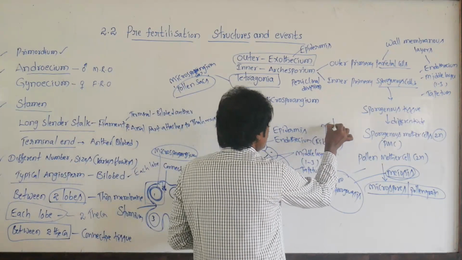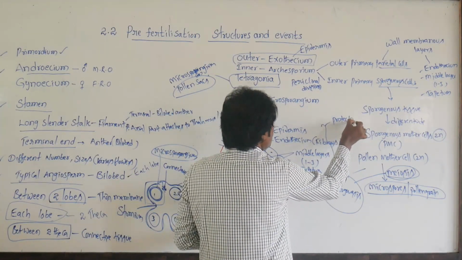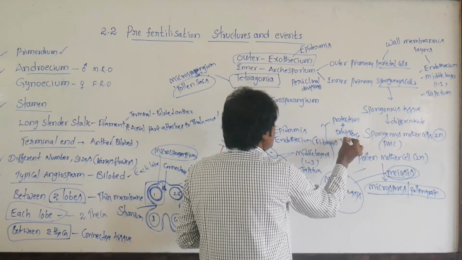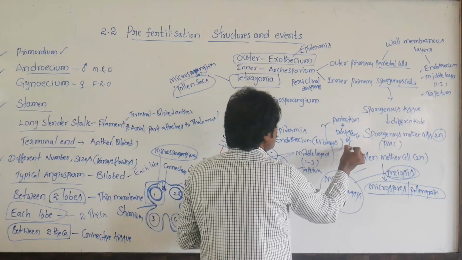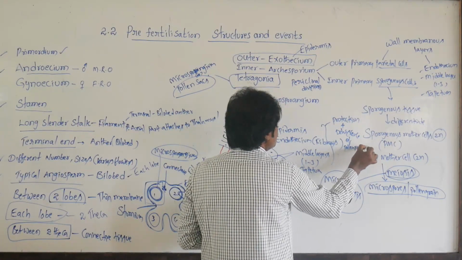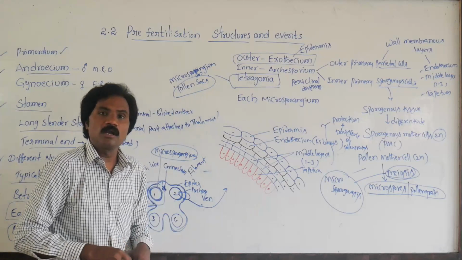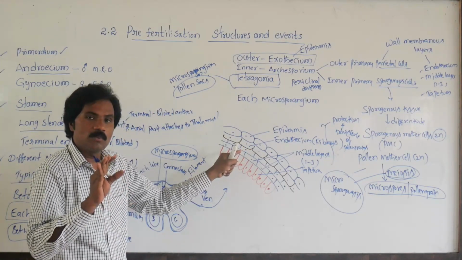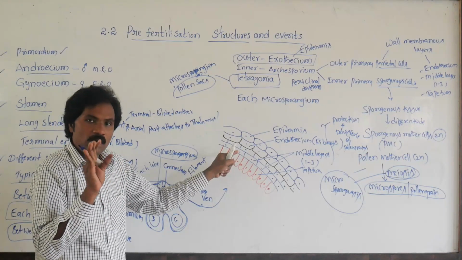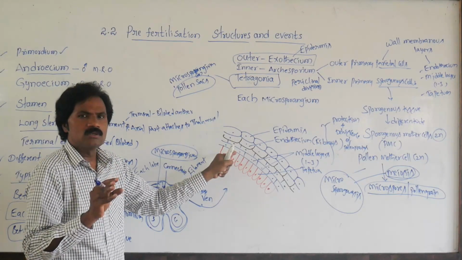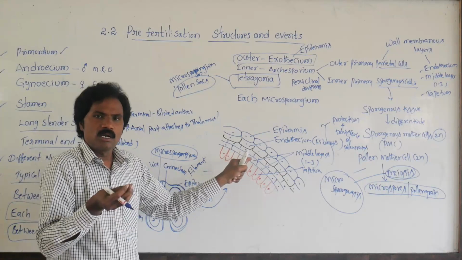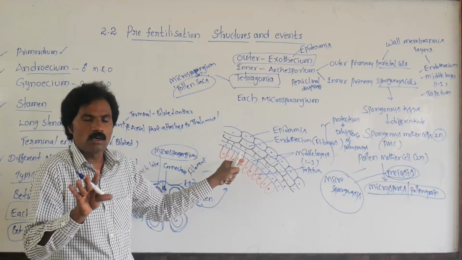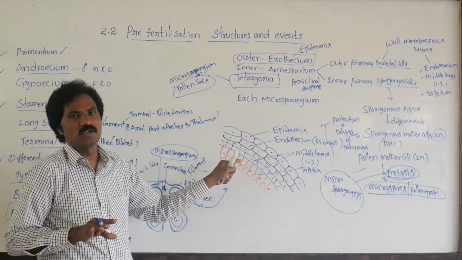Which membranes help in protection and dehiscence of pollen grains? Epidermis, endothecium, middle layers. Rarely, the middle layers help in nourishment, but it is not a vital role. Majorly it is protection and dehiscence.